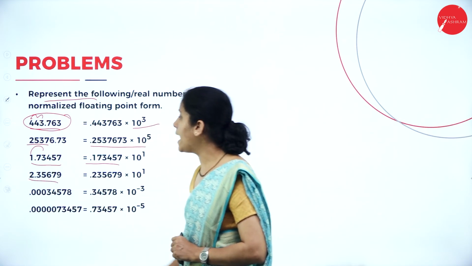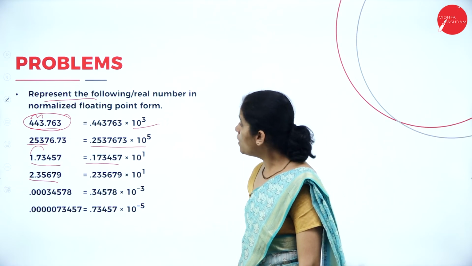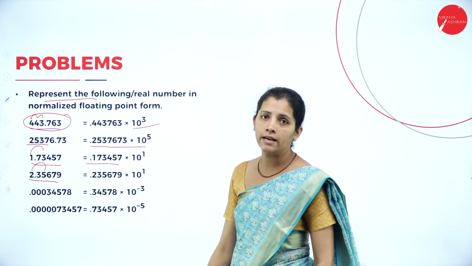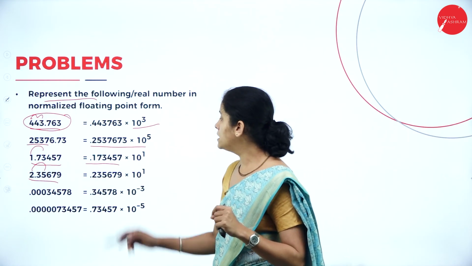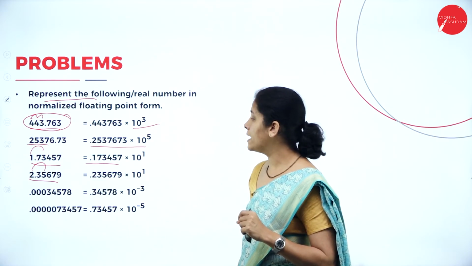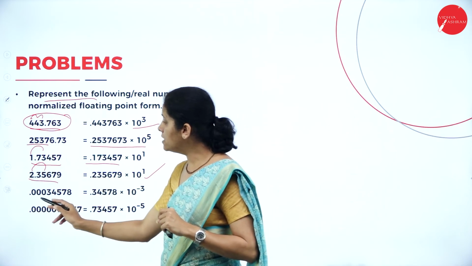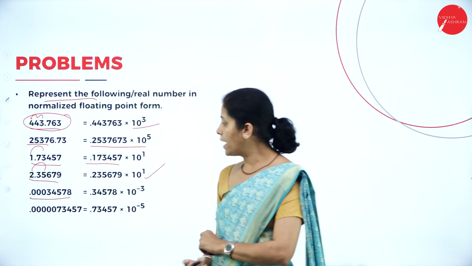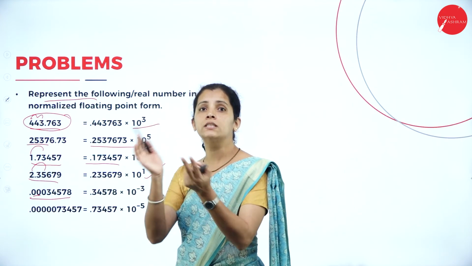Now, here I have 2.35679. Now, what I want to do? I want to shift this bit towards right. So, how many bits? I'm going to shift one bit. Now, it is 0.235679 and it is power to the 1. Now see here, to make it normalized number, what I want to do? I want to shift first 3 zeros towards left.